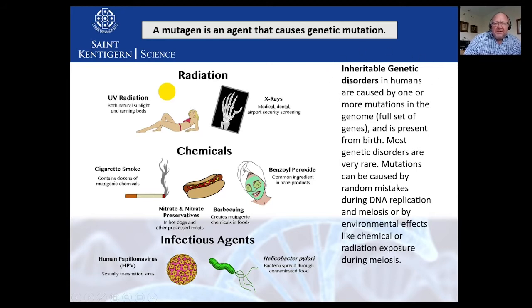So if they have a genetic disorder and it affects the gametes, then it will be passed on to you. But if we look at these, UV radiation, both natural sunlight and tanning beds give you UV radiation, and we all know about that in New Zealand and Australia specifically because of skin cancer, melanoma.